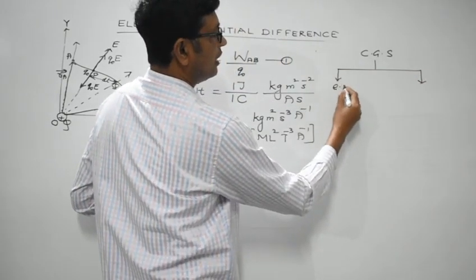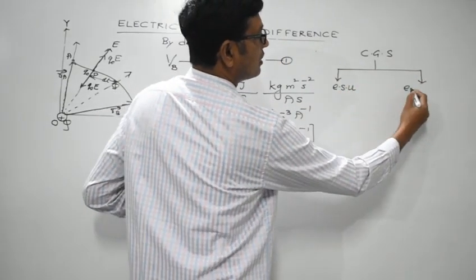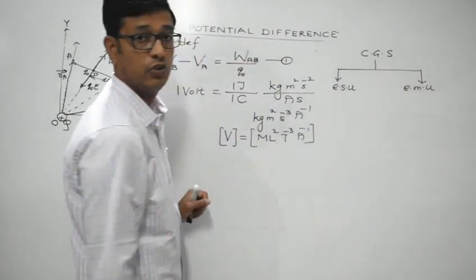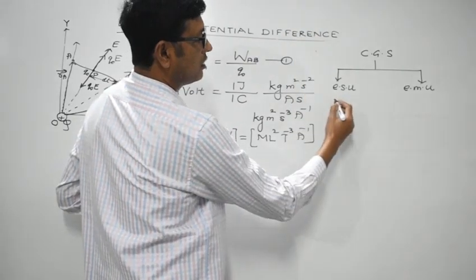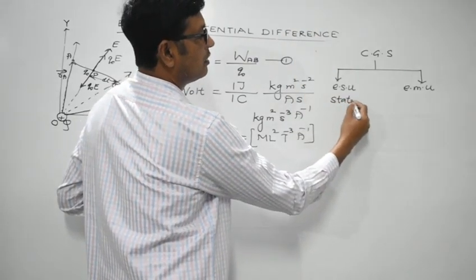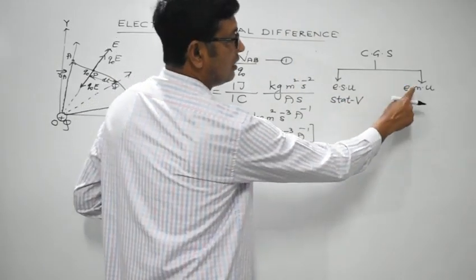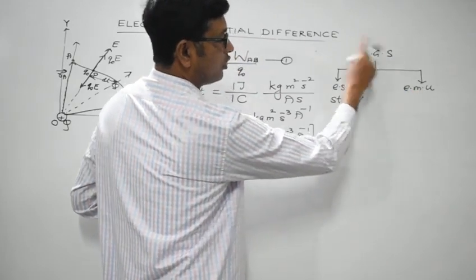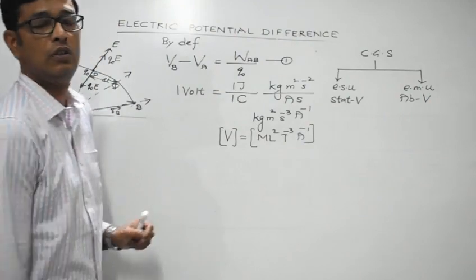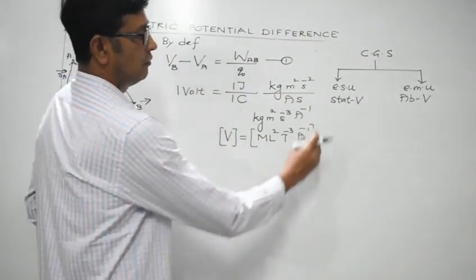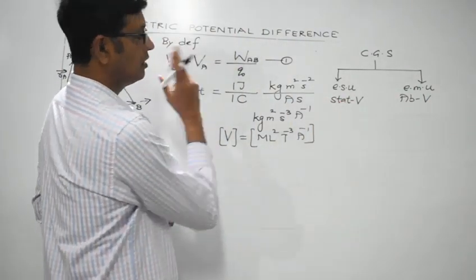One is the electrostatic unit, the other one is the electromagnetic unit. The electrostatic CGS unit of potential difference is stat volt, while the electromagnetic CGS unit of potential difference is ab volt.